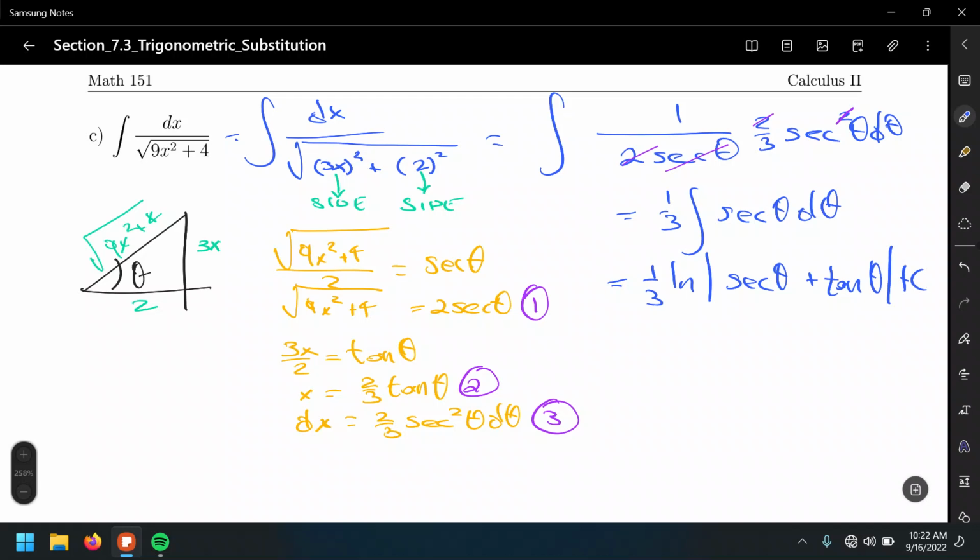And well, now that we solved the problem in the world of theta, in the world of trigonometric functions, it's time to go back to the original world of x. So we are going to define the secant expression and the tangent expression based on what we set for our triangle in the original setup. Secant, which is hypotenuse over adjacent, that is the radical over 2.